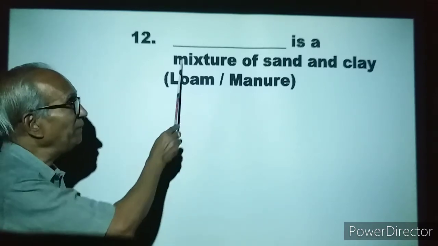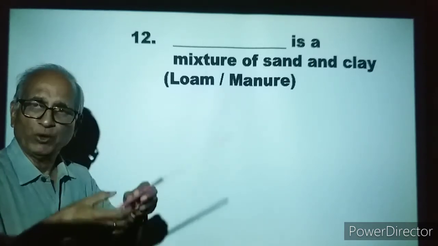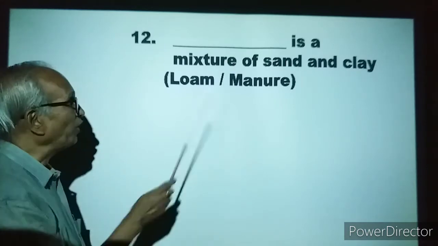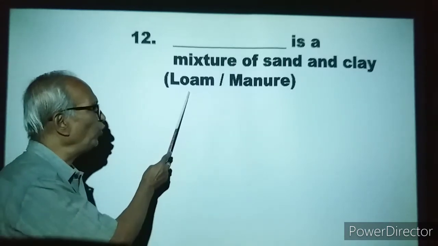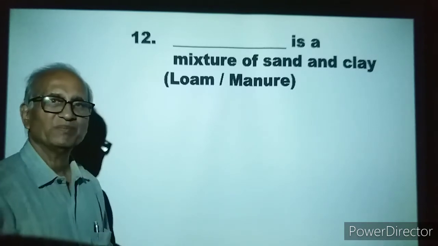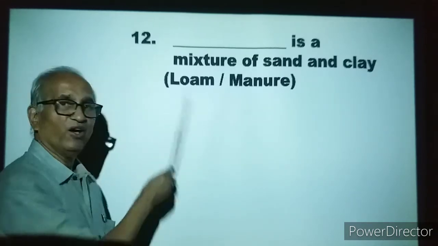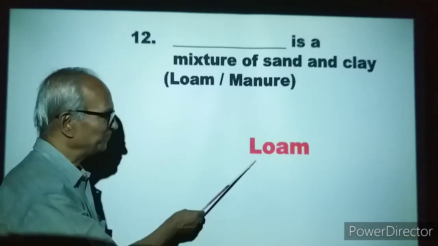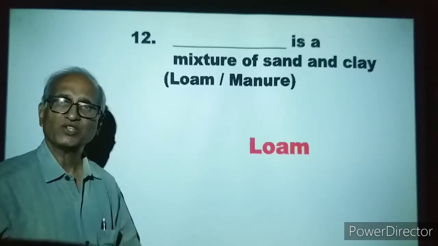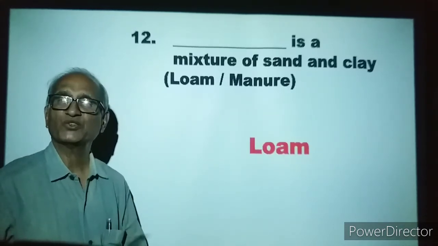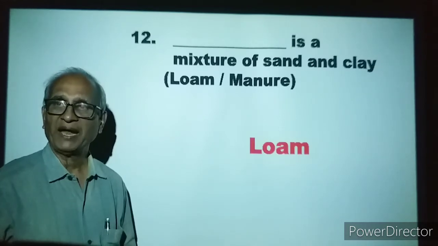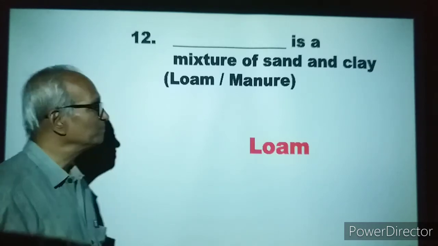So, when you mix sand and clay to plant saplings, what do you call it? Is it loam or manure? A mixture of sand and clay is called loam. Loam is that soil which is good for planting saplings.